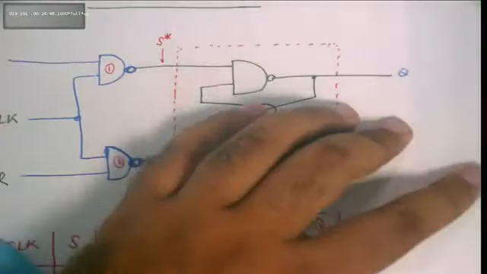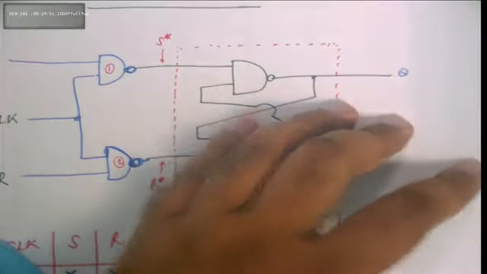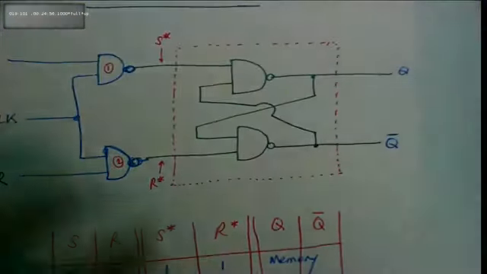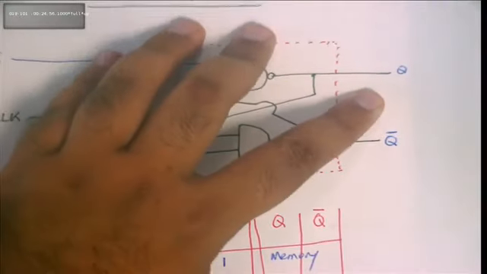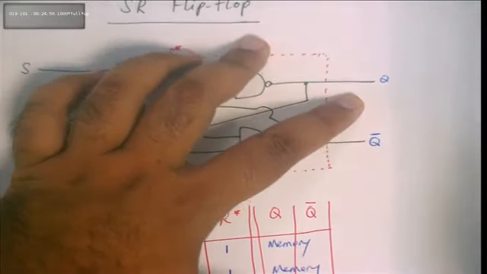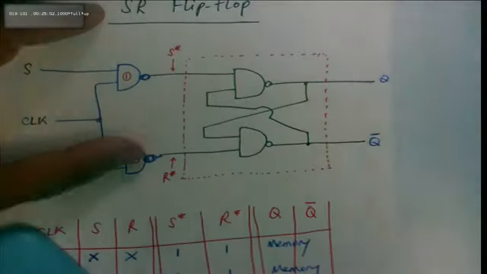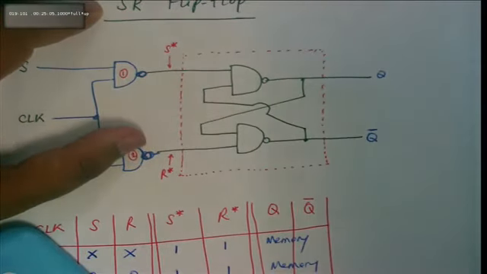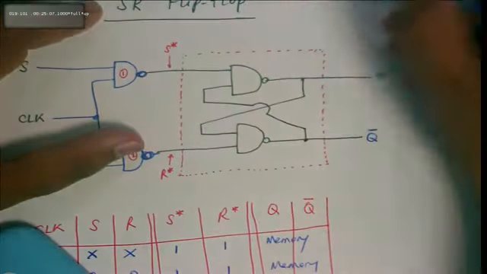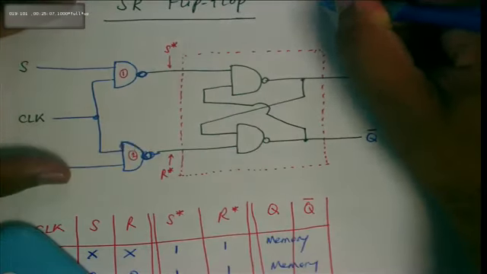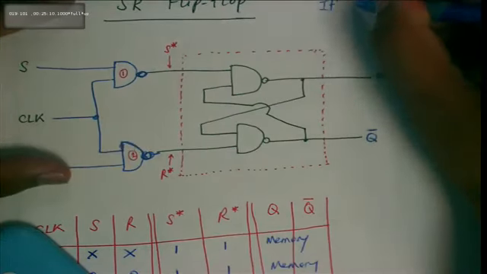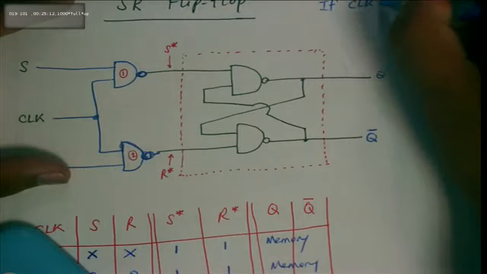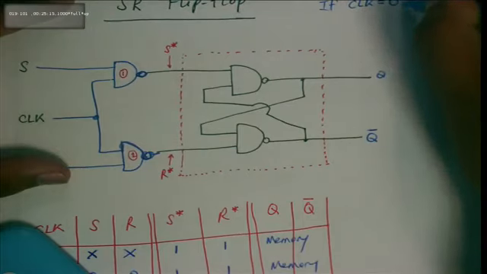I'll just zoom out a little bit, guys. What can you tell me about S star? So if CLK is equal to 0, then what happens?